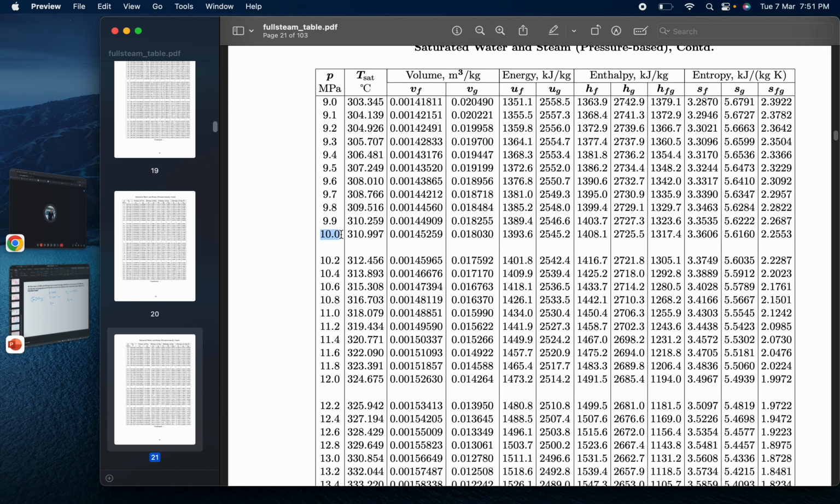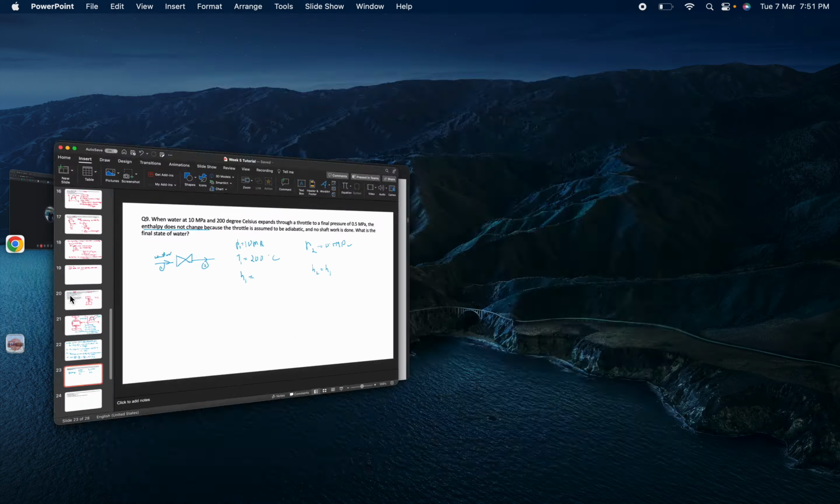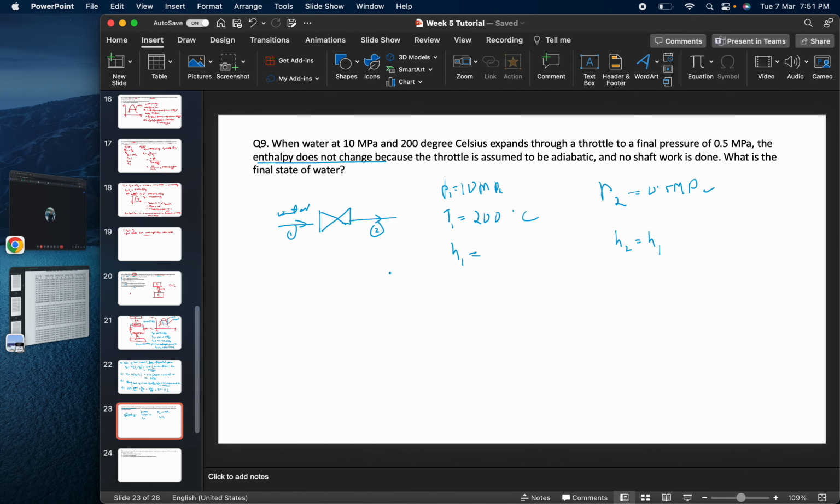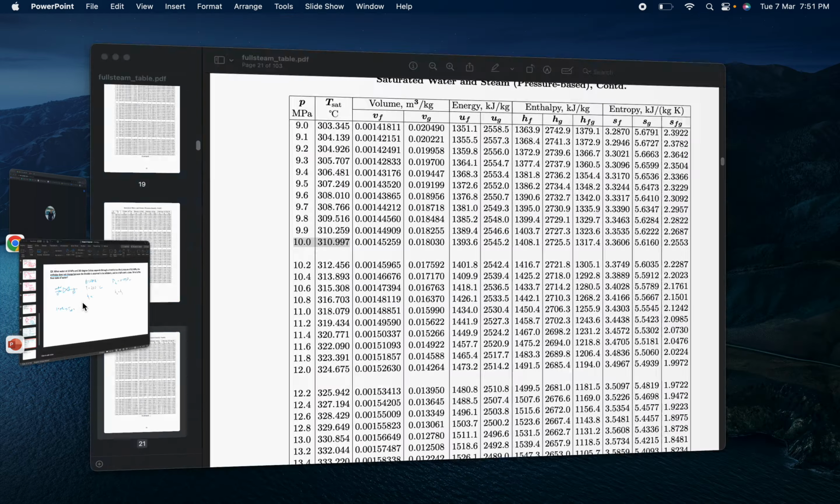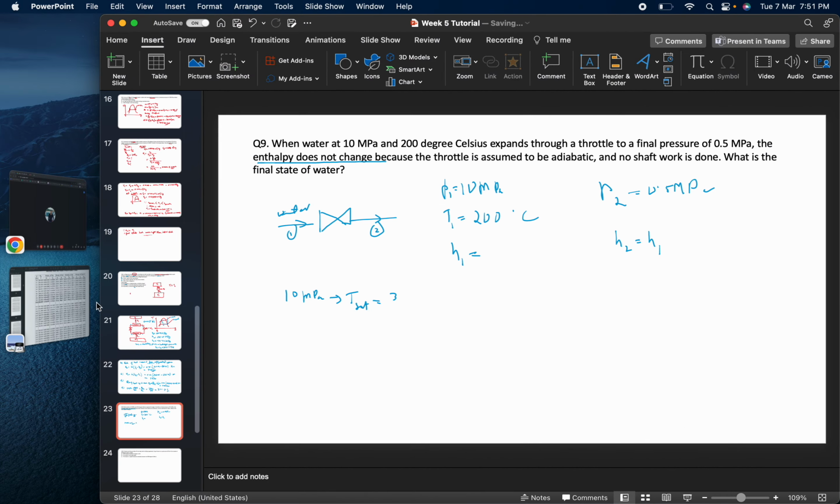For 10 megapascal, the saturation temperature is 310 degrees Celsius. Now since our temperature is less than this, this will be a liquid. Yes or no? This will be a liquid.